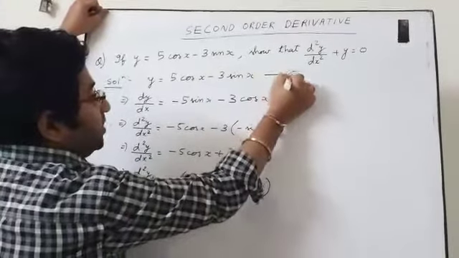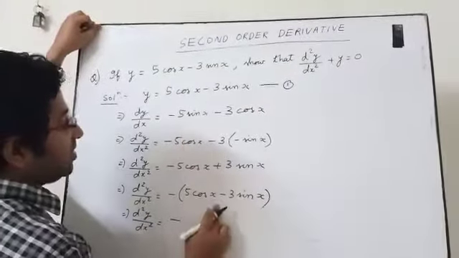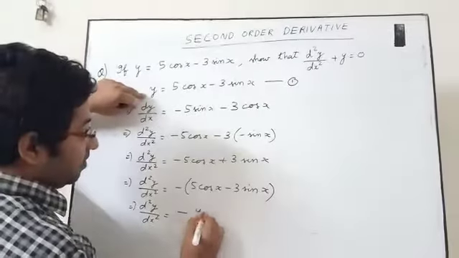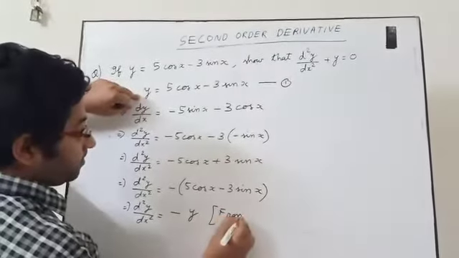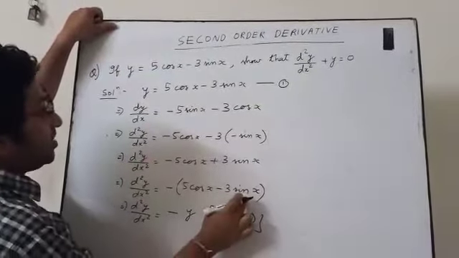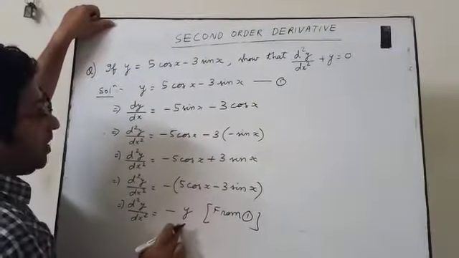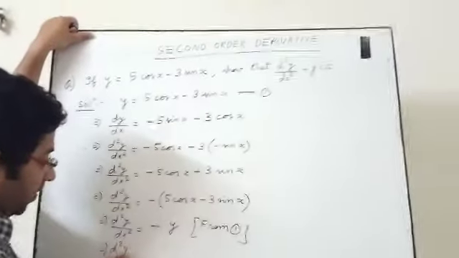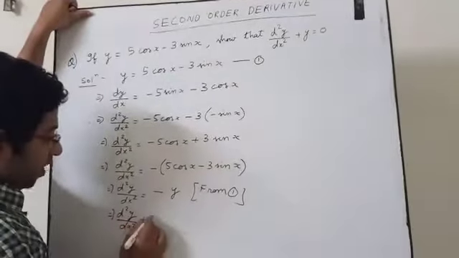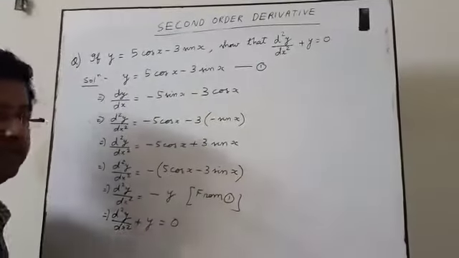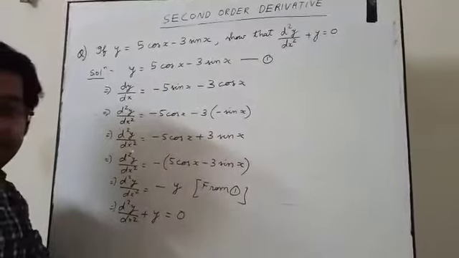Putting equation 1, this whole thing is y, since 5 cos x minus 3 sin x means y. So what did you get? d2y by dx square plus y equals 0. Finished. This is the proof of this question.